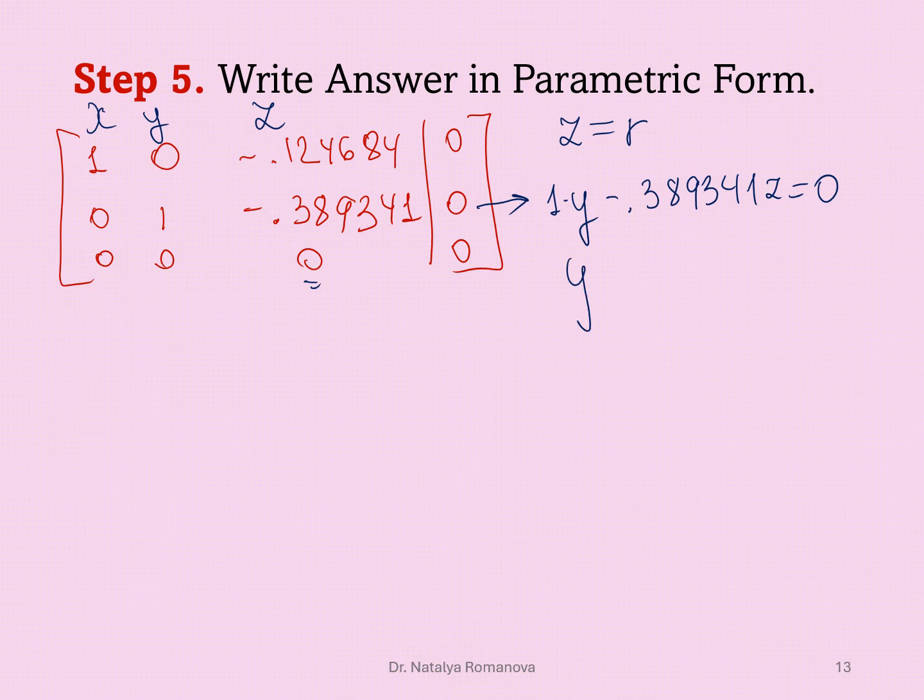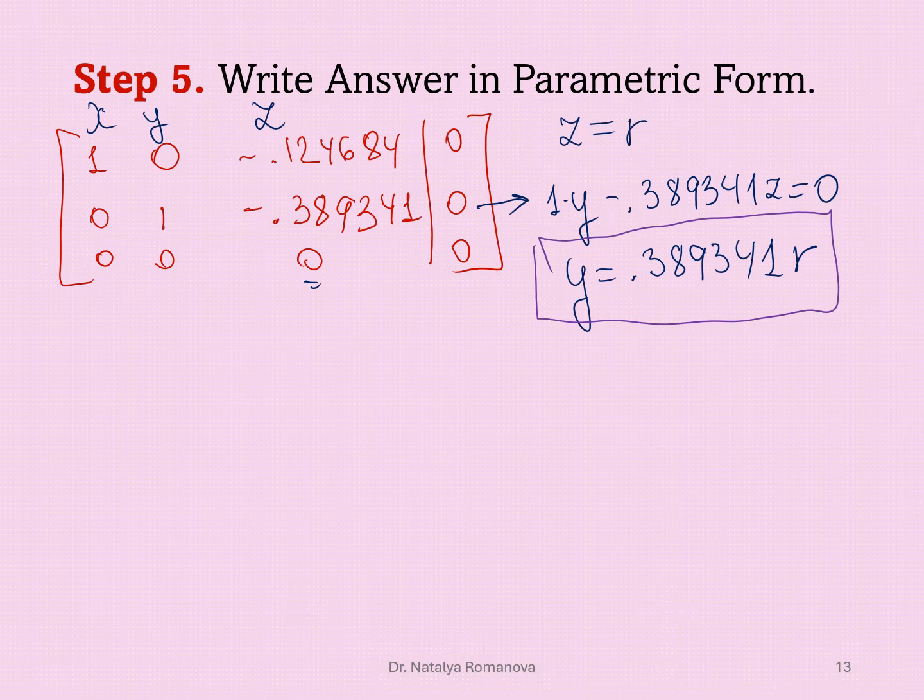So y equals 0.389341 times z. We said z is r, parameter r. So it is our y, and we go to work with the first row.